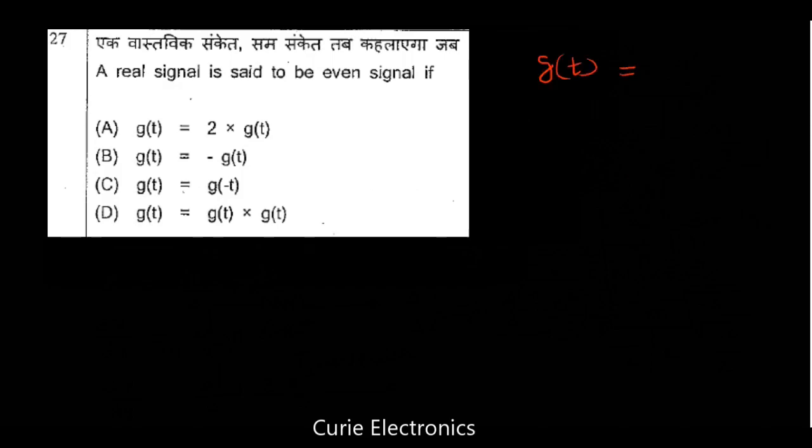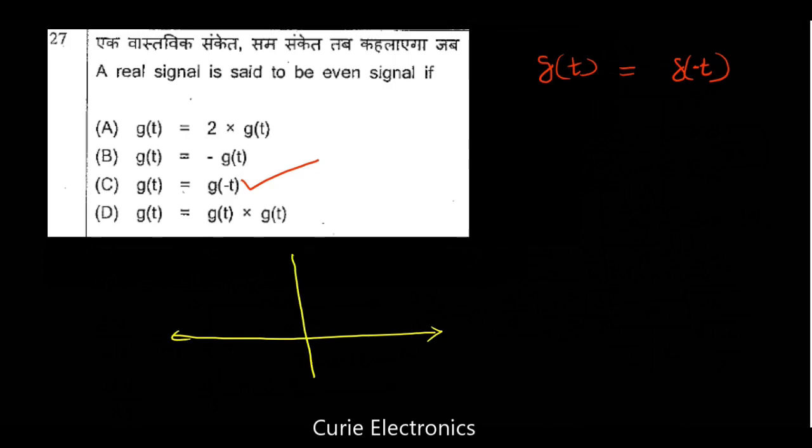If we do the time reversal, that is g of minus t, and g of t equals the time reversed signal g of minus t, then it is known as an even signal.